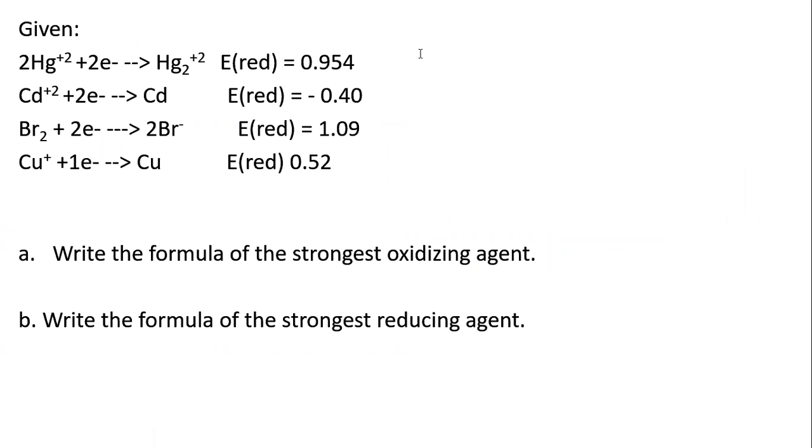So strongest oxidizing agent means greatest reduction potential. So the one with the greatest reduction potential is going to be the strongest oxidizing agent. And again, oxidizing agents are going to be reactants in the half reactions.